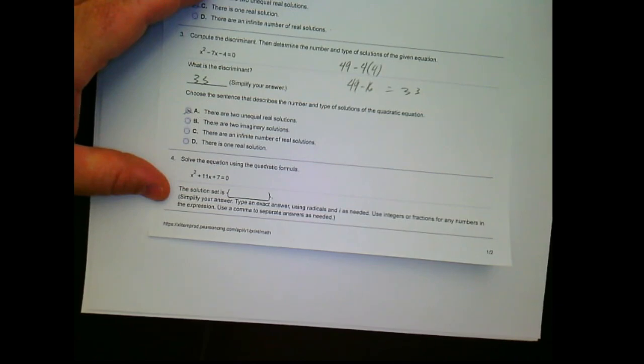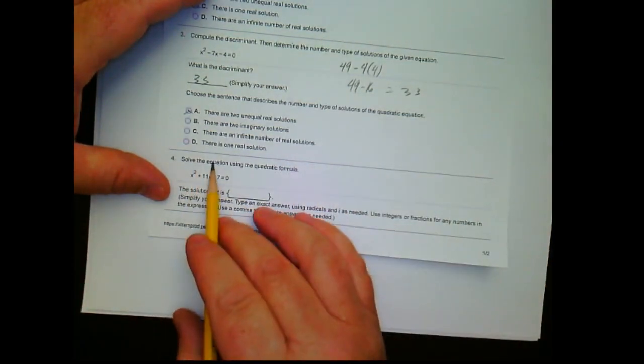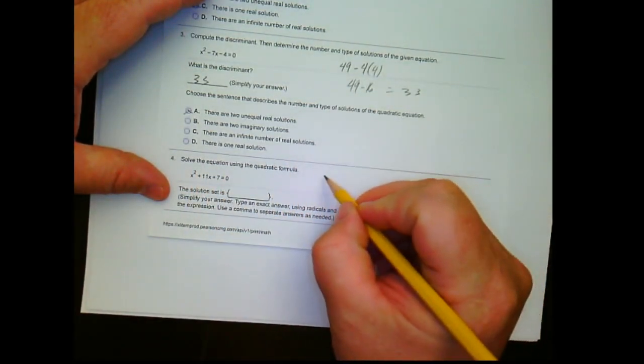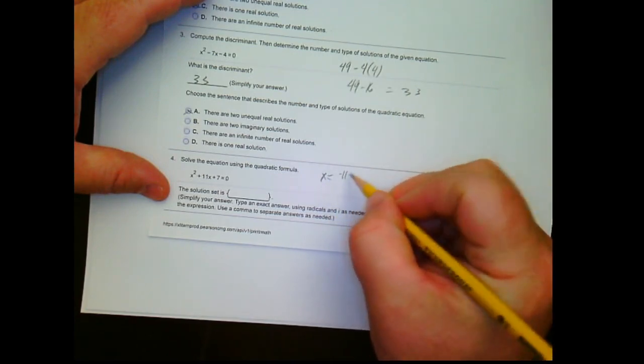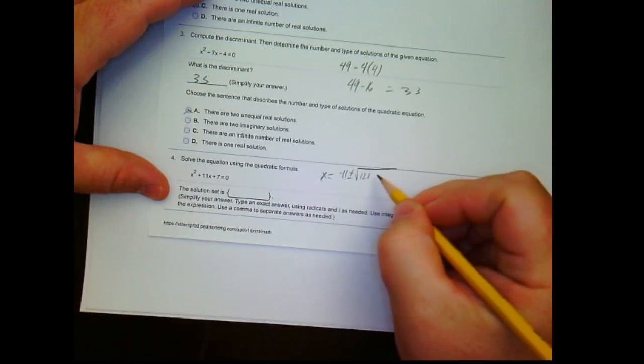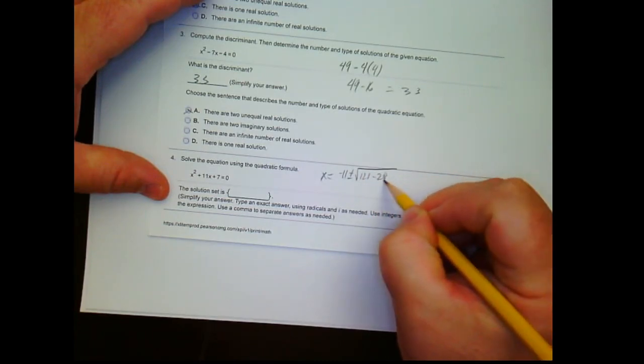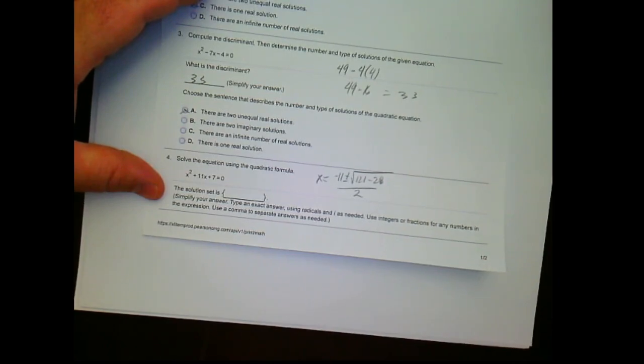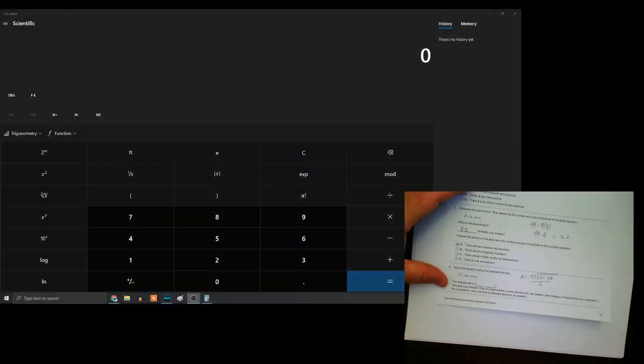Last one on this page. It says solve the equation using the quadratic formula. So then it's going to be x equals negative 11 plus or minus the square root of 121 minus 28, divided by 2. So let's go ahead and use our calculator right here. 121 minus 28, so 93.